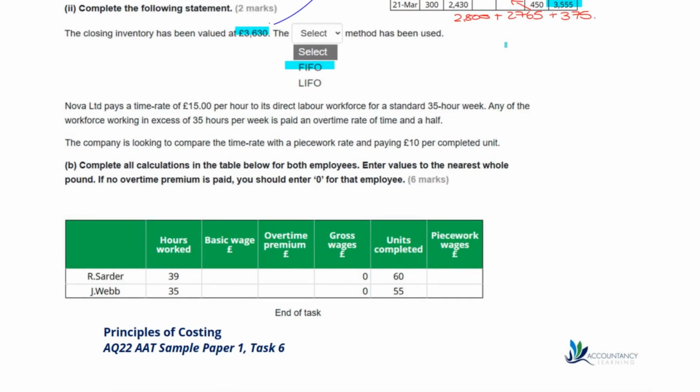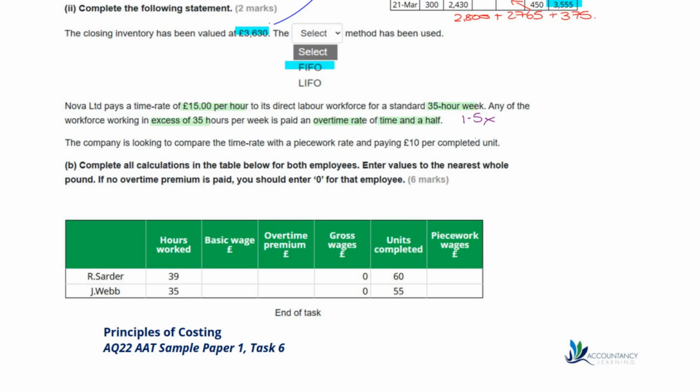Part B then, Nova Limited pays a time rate of £15 per hour to its direct labour workforce for a standard 35-hour week. Any of the workforce working in excess of 35 hours per week is paid an overtime rate of time and a half. So time and a half is 1.5 times.